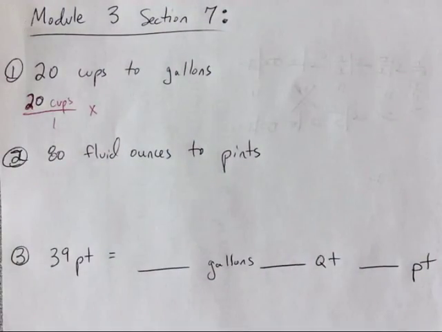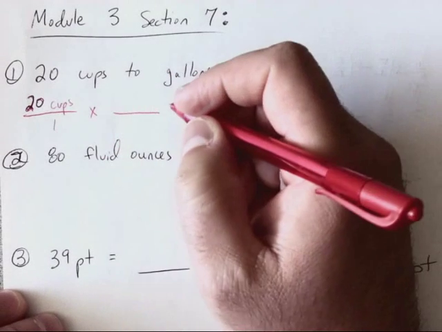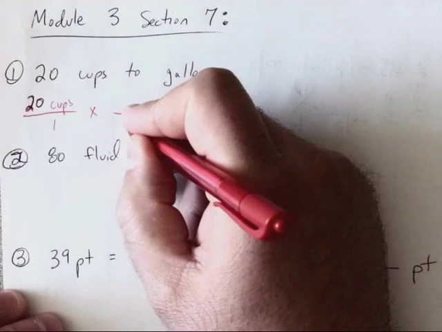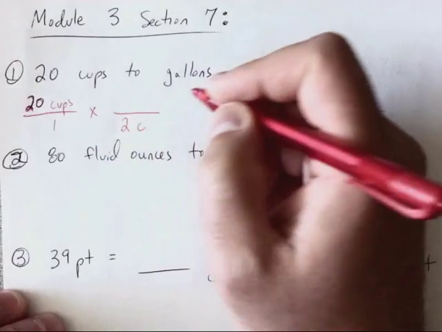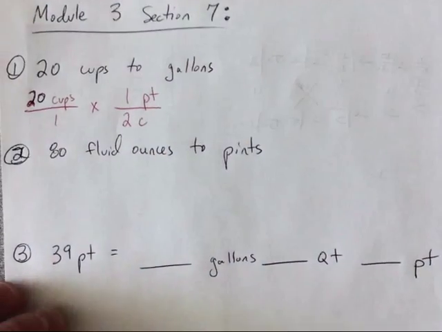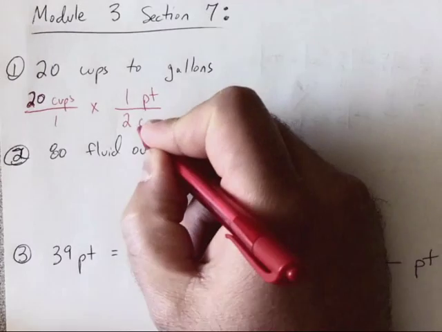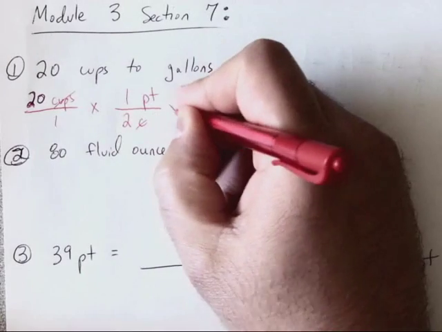We want to first convert cups to pints, since that would be the next one up on our conversion list, so that we know there are 2 cups in 1 pint. So we're moving up our conversion sheet for capacity here, trying to make it all the way up to gallons. So cups are going to cancel, and that's going to leave us with pints.